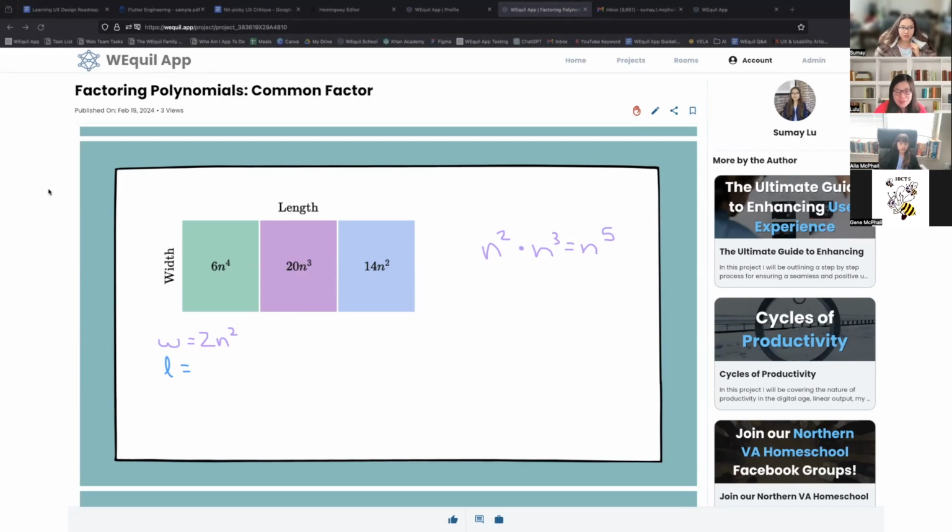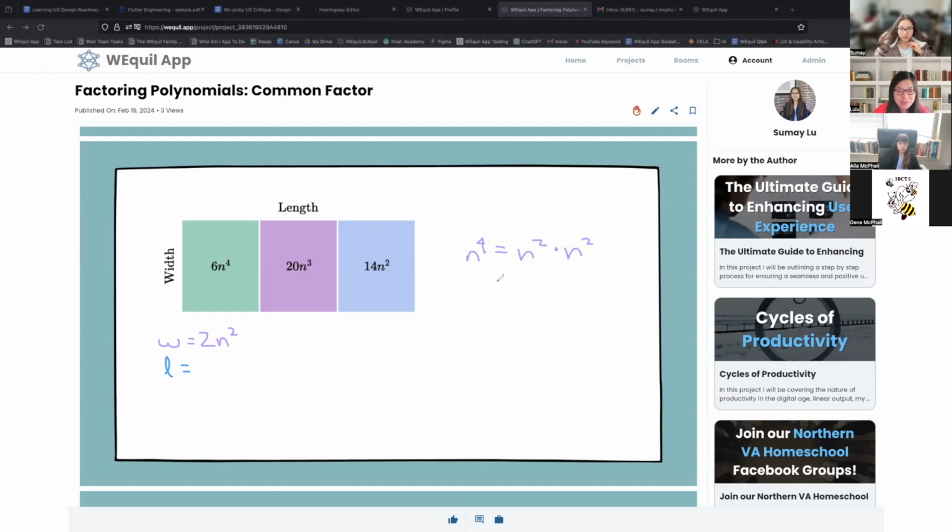Another way to explain this, Isla: say n to the power 4 is equal to n squared times n squared.